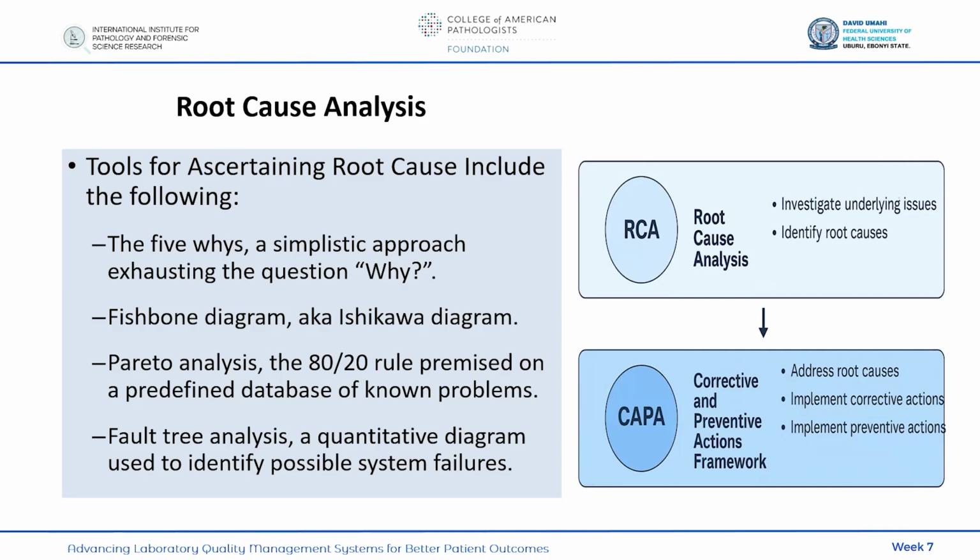It is a structure that helps you keep brainstorming over many factors like the 5 M's, man, machine, and so on. How did man contribute to this? How did the machine contribute to this?